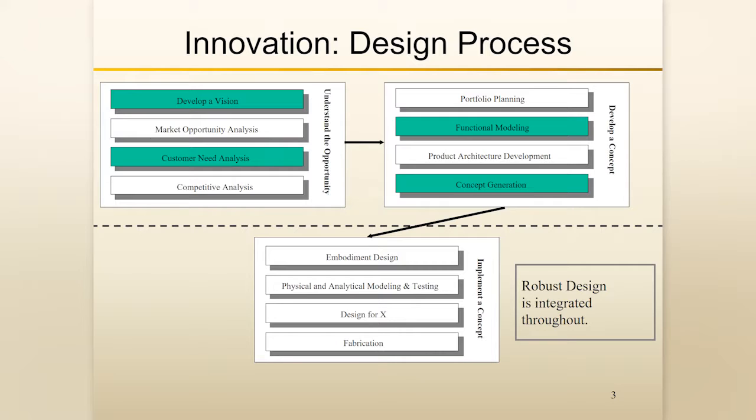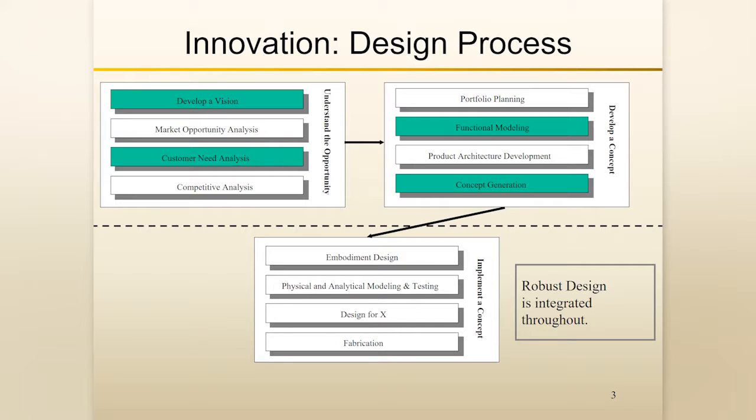Performance metrics are aspects of a product or system that can be measured and that relate directly to customer needs, so that you can have a way to actually measure the degree of satisfaction of those customer needs. And we'll talk about a technique that is explicitly designed to help engineers translate customer needs into quantitative engineering requirements.